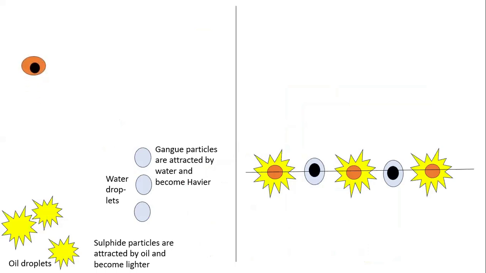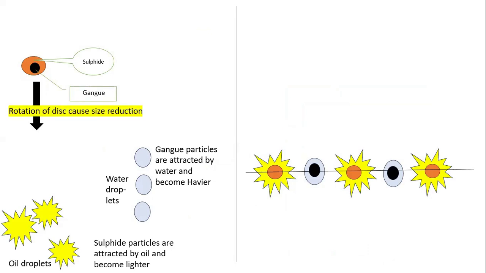Here, because of the rotation, the larger size particles such as the sulfide, which is the brown color one, large one, and the gangue, which is a black color one, okay, because of the continuous rotation of that disc, get size reduced and are converted into smaller particles.